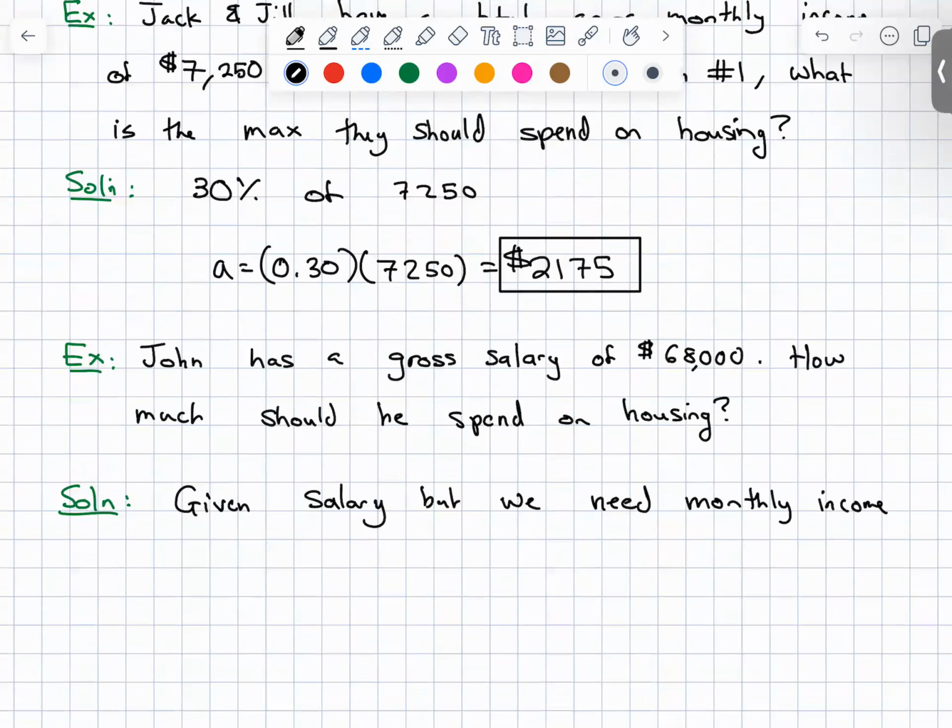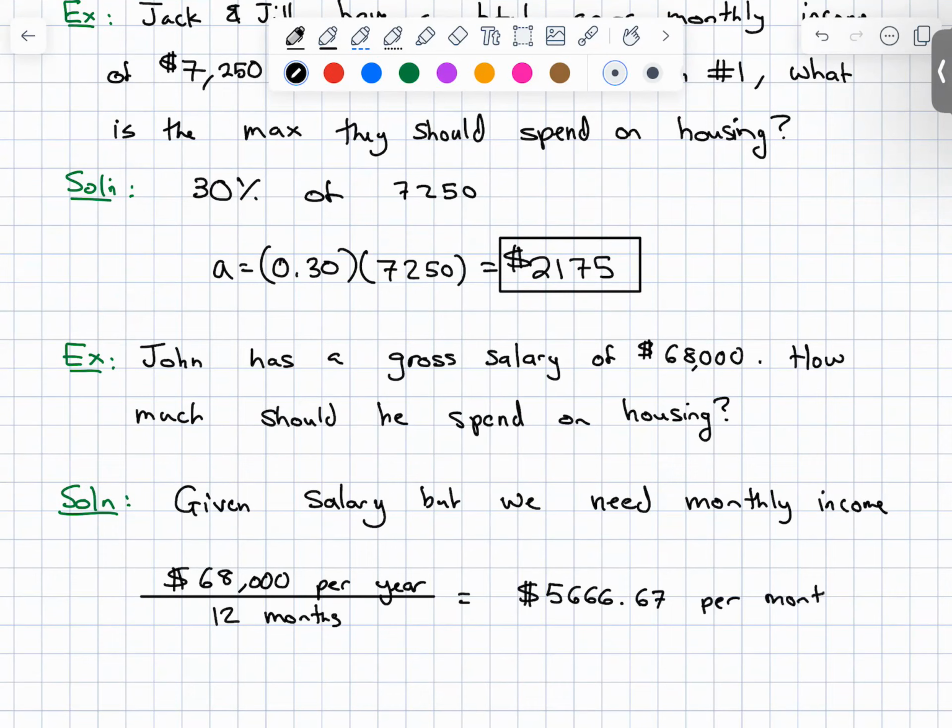So $68,000 per year divided by 12 months gives us $5,666.67 per month. Take his gross salary, divide it over 12 months, and you get that he is making a gross of about $5,600 per month before taxes.